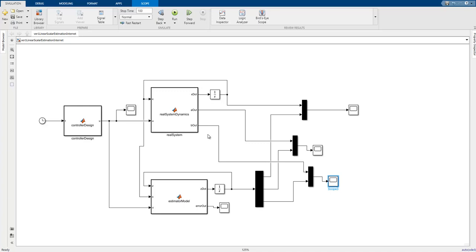How can we use the estimator model in order to design the proper controller system in this situation, in the absence of knowledge of the A and B system parameters in the equation of motion? Okay?